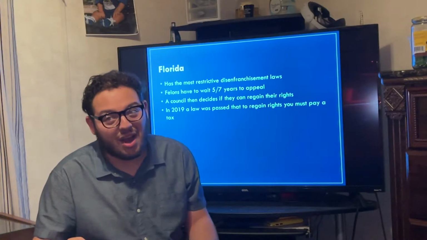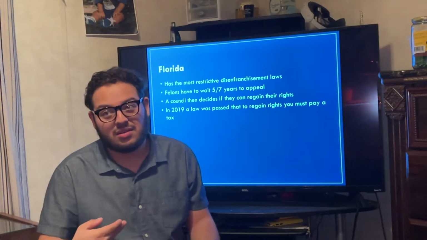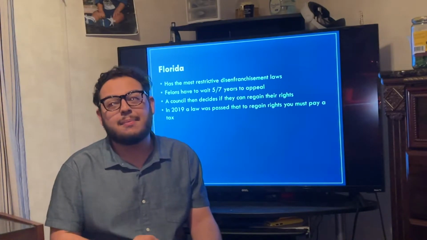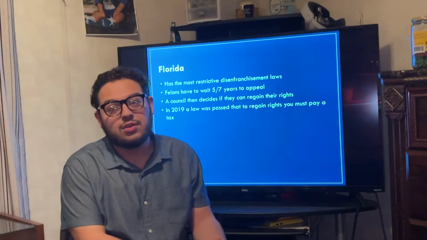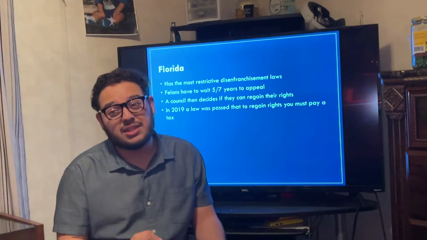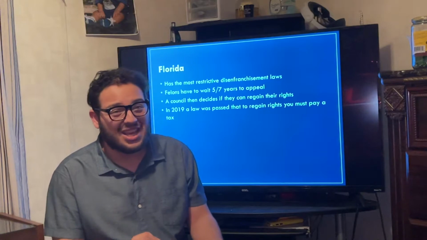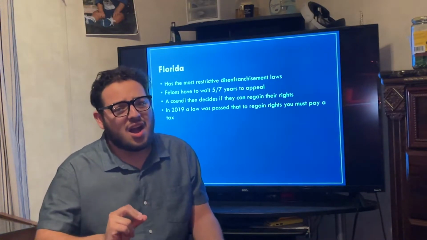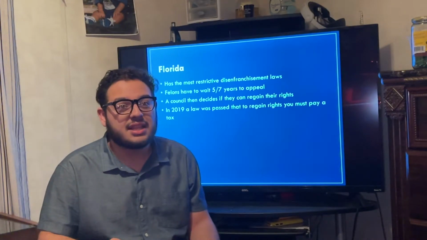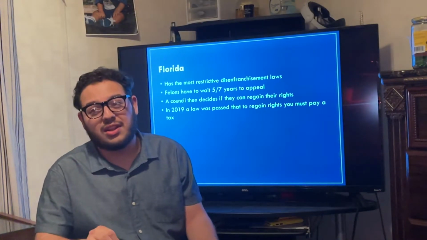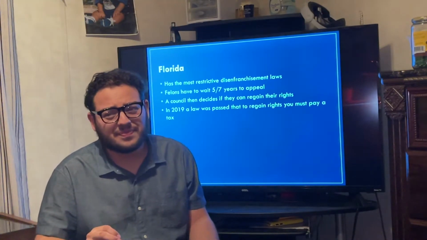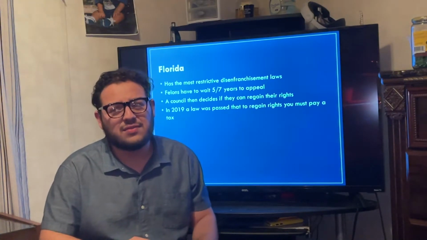After that, a board reviews your application, and you have to go to Tallahassee, the capital, where you will argue your case to a council, and they will decide whether or not you can gain your right to vote back. The problem with this is there are no specific rules that the council has to follow in order to give someone their right back, so it is purely at their own discretion. So they could deny for any reason.